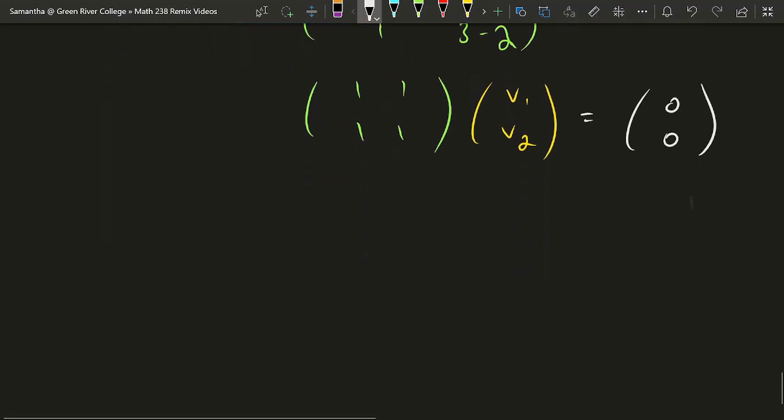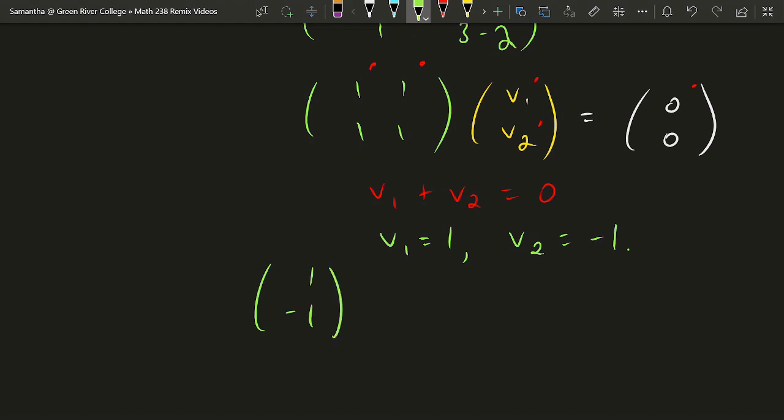But again, because the second row of the matrix is a scalar multiple of the first, there's only one equation that I really have to be concerned about. 1 times v1 plus 1 times v2 equals 0, which can be easily solved by setting v1 equal to 1 and forcing v2 to change to compensate. So an eigenvector corresponding to lambda equals 2 is given by 1 comma minus 1.